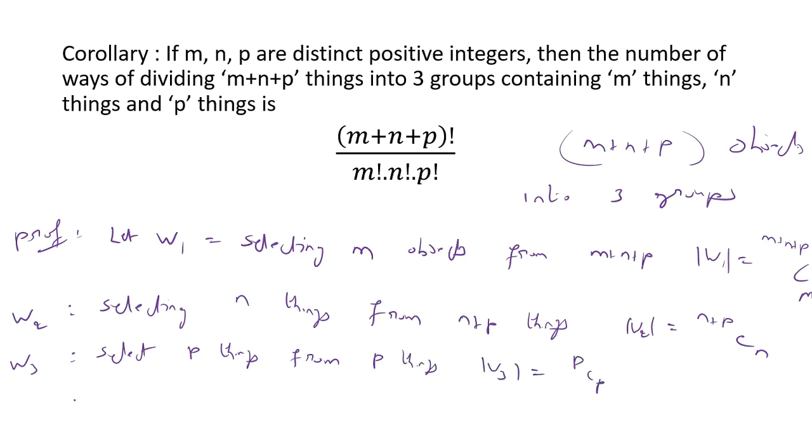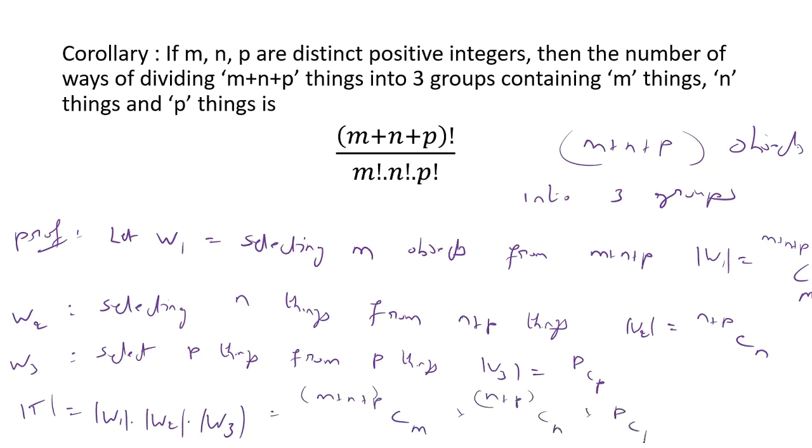Now the number of ways of completing the task is equal to the number of ways of doing W1 times W2 times W3, which is going to be m plus n plus p choose m times n plus p choose n times p choose p.